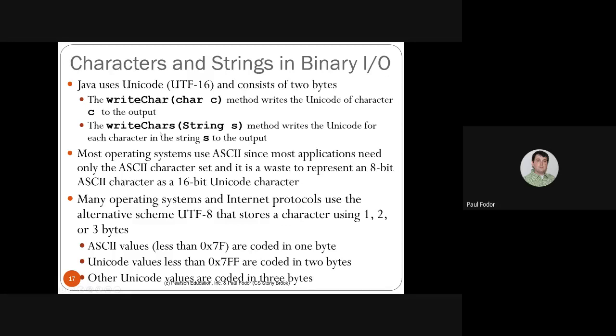So write char and write chars will actually write the Unicode of the character to the output using 2 bytes. Many operating systems and internet protocols, in fact, use UTF-8 to store characters because of the assumption that most characters are ASCII.